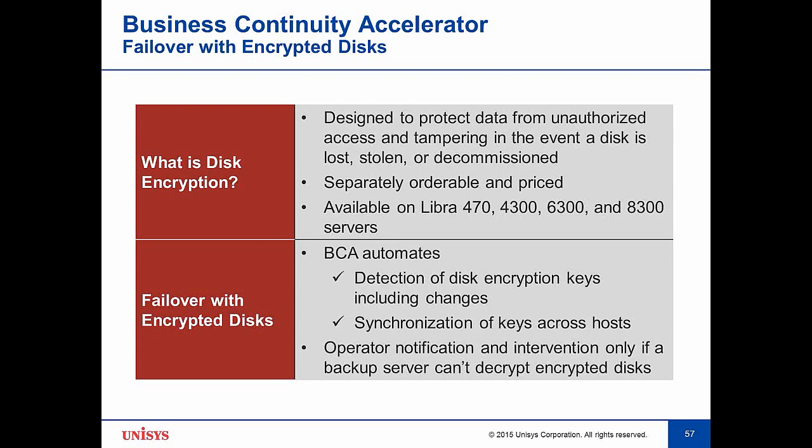And so what BC Accelerator does now is it detects that a disk is encrypted, and it helps synchronize the keys between the primary system and the backup system. It does this all automatically, so the operator only has to get involved if there's a problem, if the backup server can't decrypt an encrypted disk.